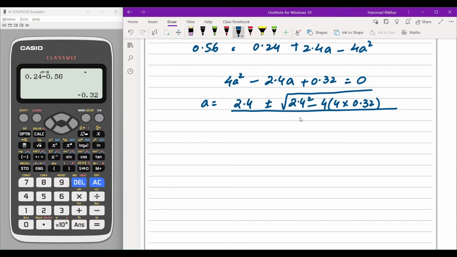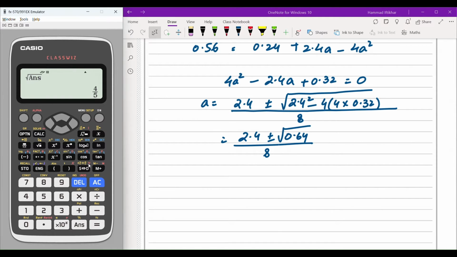And then 2 times 4, 8. So 2.4 plus minus the square root of 2.4 squared minus 16 times 0.32. That is 0.64. So the square root of that is 0.8.